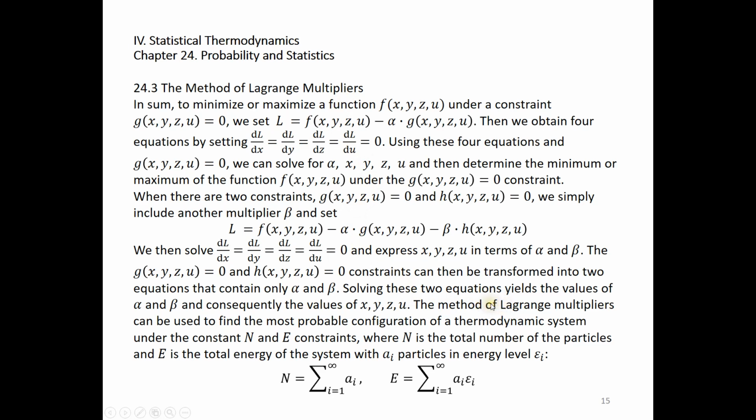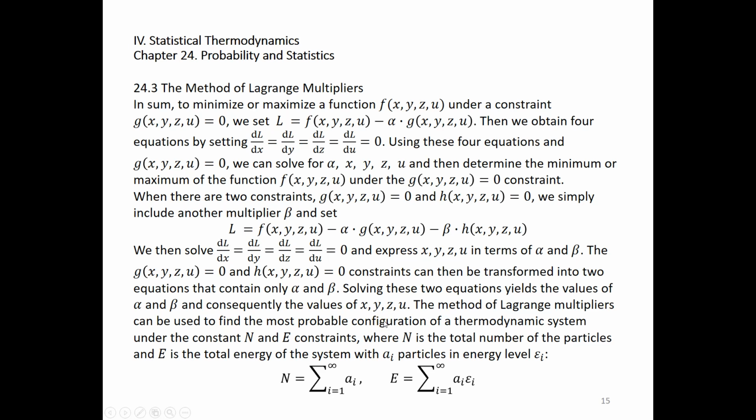In physical chemistry, we use the method of Lagrange multipliers to find the most probable configuration. That means the predominant configuration with the most number of microstates of a thermodynamic system under the constant N, E constraints. So what if we have an isolated system, we have a bunch of molecules with a constant energy, and then we can find the predominant configuration.